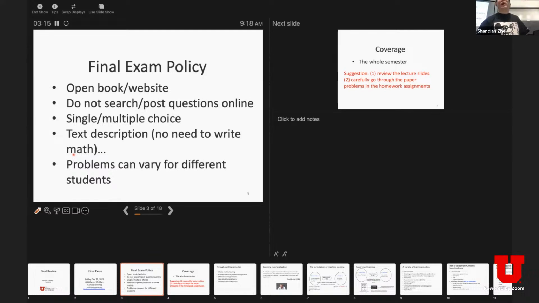And what are the question types? I guess most of you will be concerned about this. The majority of questions will be single and multiple choice. For example, I will tell you, okay, the following describes SVM classifiers, and you just mark which statements are true.